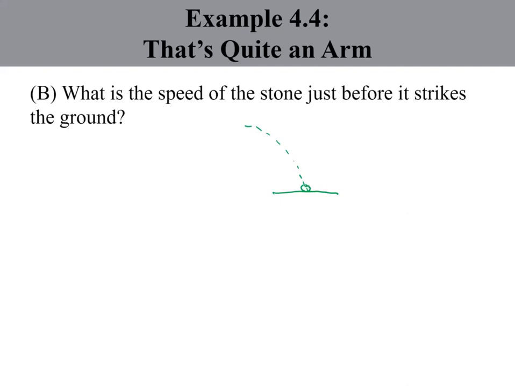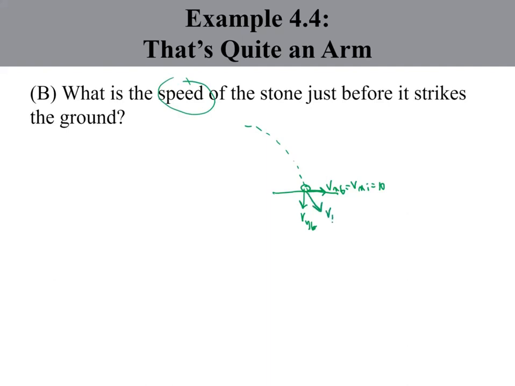The stone will have a component of vy, this is vy final, and also it will have vx final, which we have learned previously equals vx initial. So we already have the answer for this. The speed that the question asks for is actually the resultant, this one.